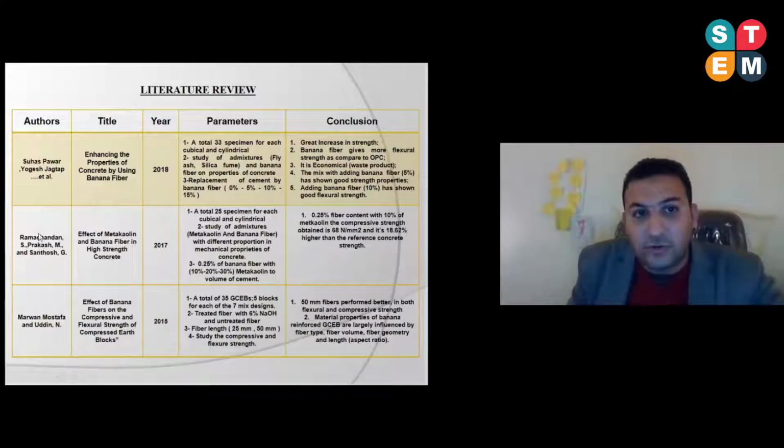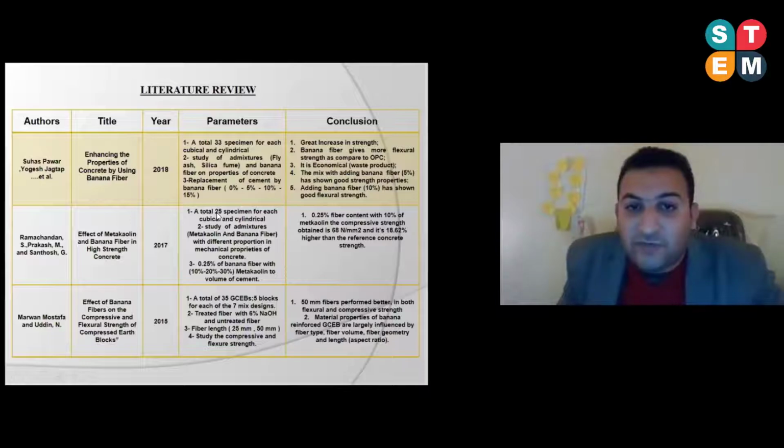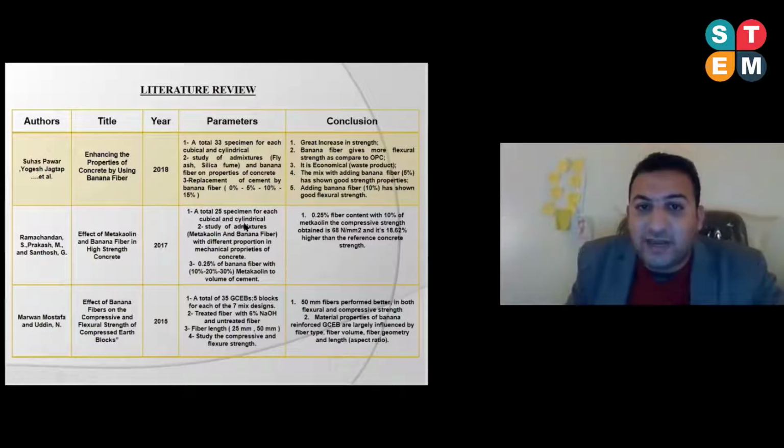The other author, on the effects of metakaolin, used 25 specimens of each cubical and cylindrical, and studied the admixture of the metakaolin and the banana fiber with different proportions and the mechanical properties of the concrete. He used banana fiber at 10% and 20% and 13% metakaolin by volume of the cement.